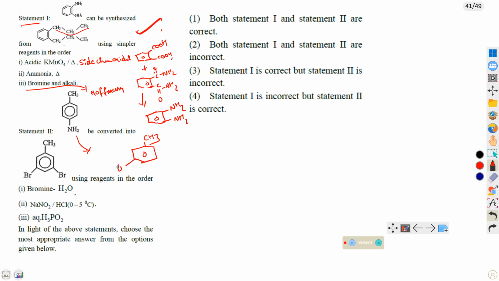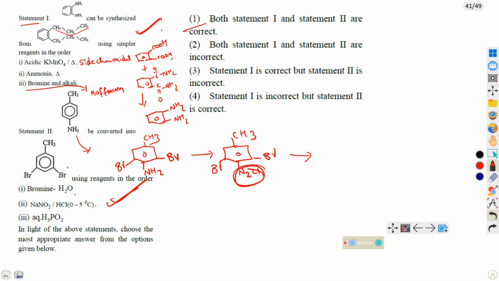NH2 is a strongly activating group, so two bromine atoms are substituted at the ortho position. Now NaNO2 plus HCl, a diazotization reaction takes place, and the NH2 group is converted to N2Cl. With bromine, bromine, CH3, now aqueous H3PO2 removes N2Cl, then this compound is obtained. Both the statements are correct.